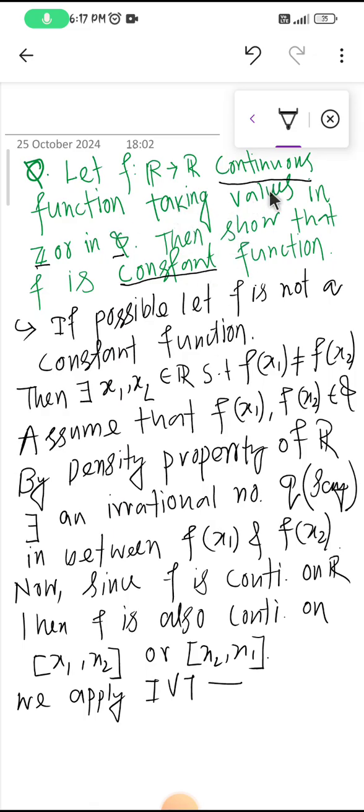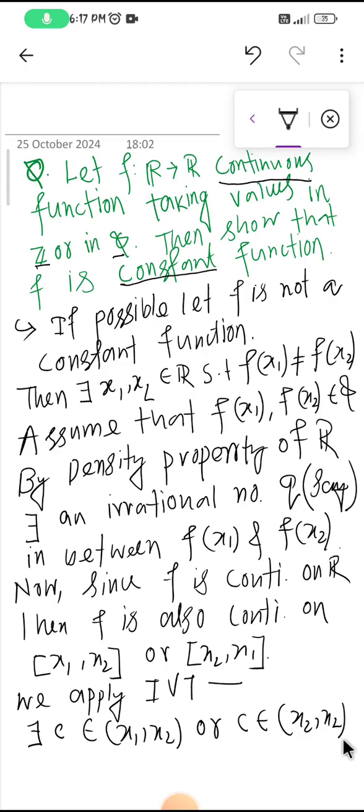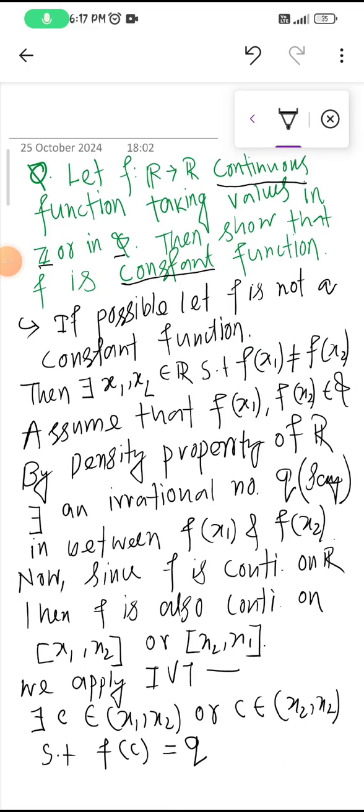See here, the function is continuous and f of x1 is not equal to f of x2, so we are eligible to apply IVT. By the IVT property we can say that there exists an element c belonging to the open interval (x1, x2), or c belonging to (x2, x1), such that f of c equals q. Now see here, that is our contradiction.